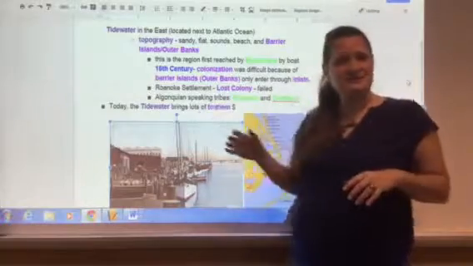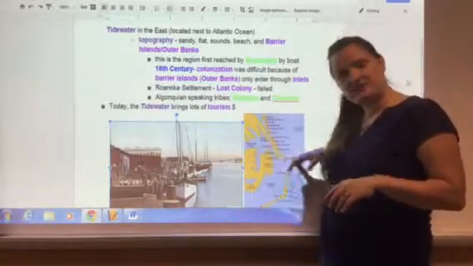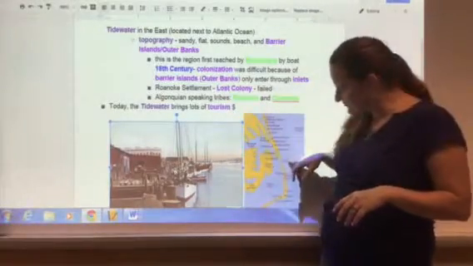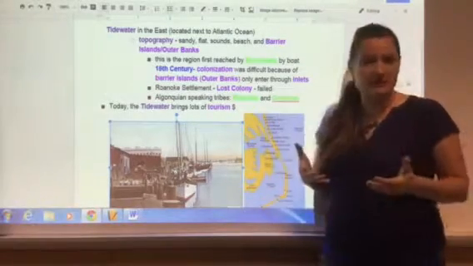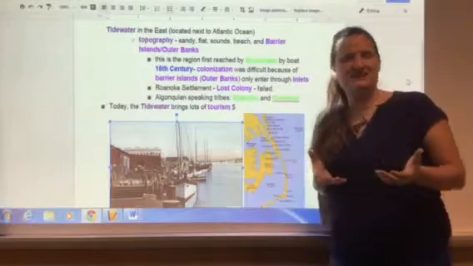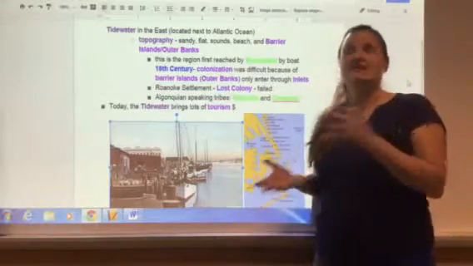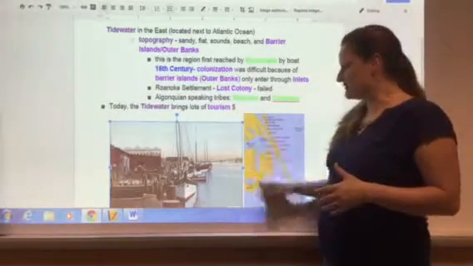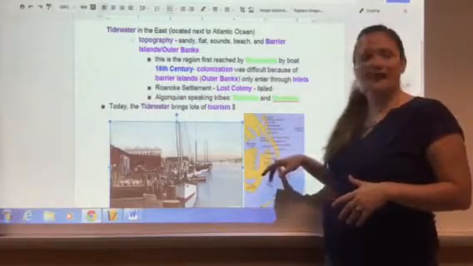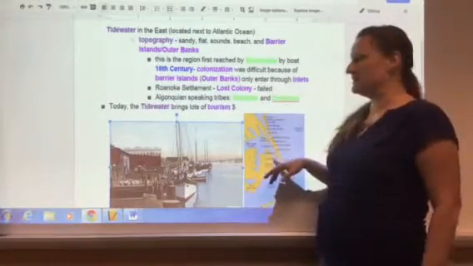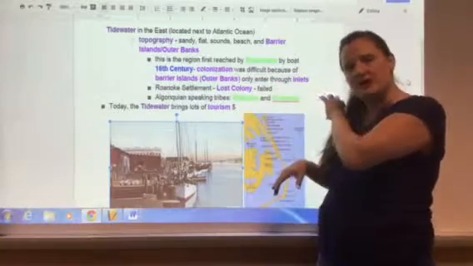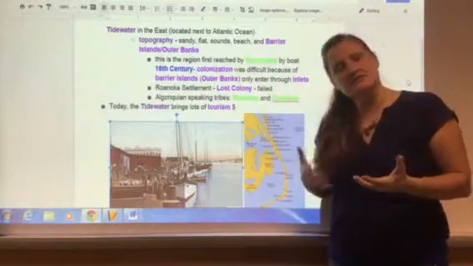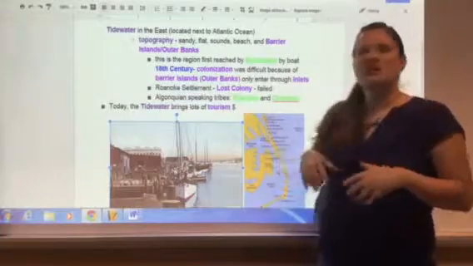But it was extremely difficult because it was very difficult to get through those barrier islands. You had to wait until you had a little inlet or break, and there weren't many of those. And of course, the first colony of England in North Carolina, on Roanoke Island, failed, and that became the lost colony. So then the English went further north into the Chesapeake Bay and founded Jamestown in modern-day Virginia.